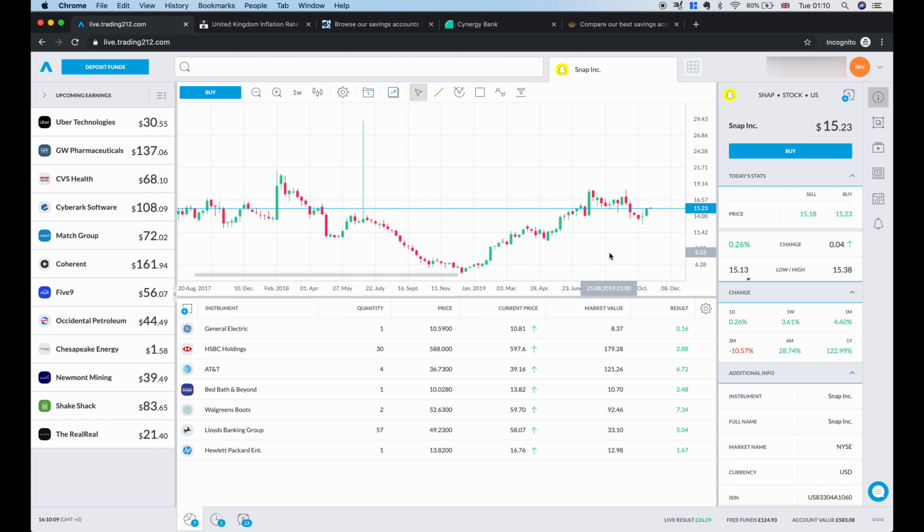So, that's beating inflation, that's beating any type of building society. There's simply no argument that if you look at solid companies, and I wouldn't even say some of the holdings that I have are solid companies, but if you invest in companies that do have potential for growth, then you are going to be beating inflation pretty easily, to be honest.